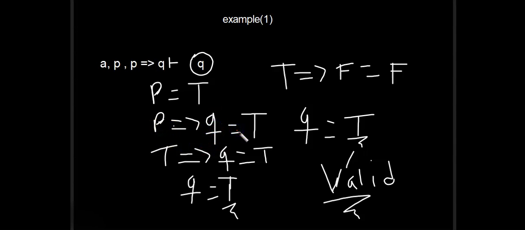By this implication rule, Q cannot be false, because if I make Q false, my whole statement will be invalid. So for that reason, it must be true, and I get the answer that it is valid. So this is it, and this is what you've got to do. Now let's do the second example, and it will be clearer for you guys. So let's do it.